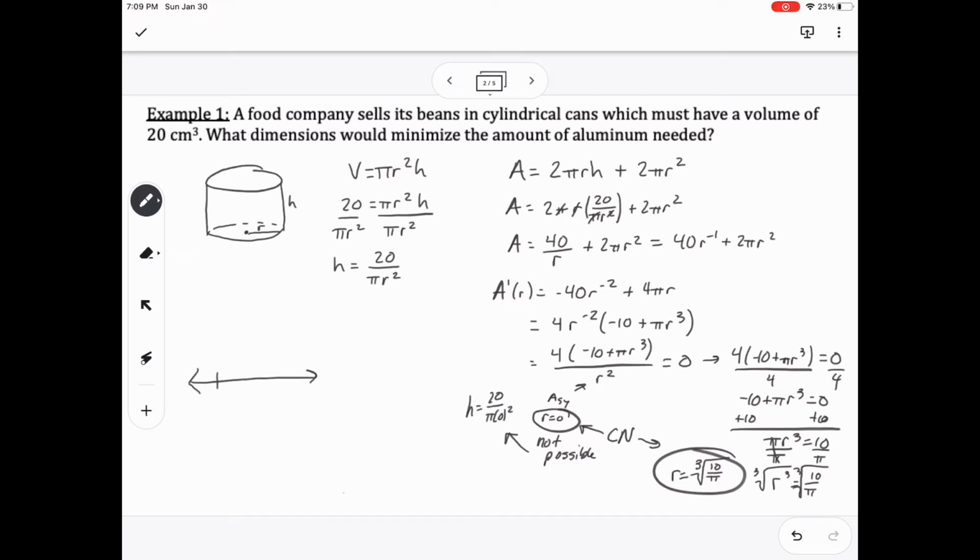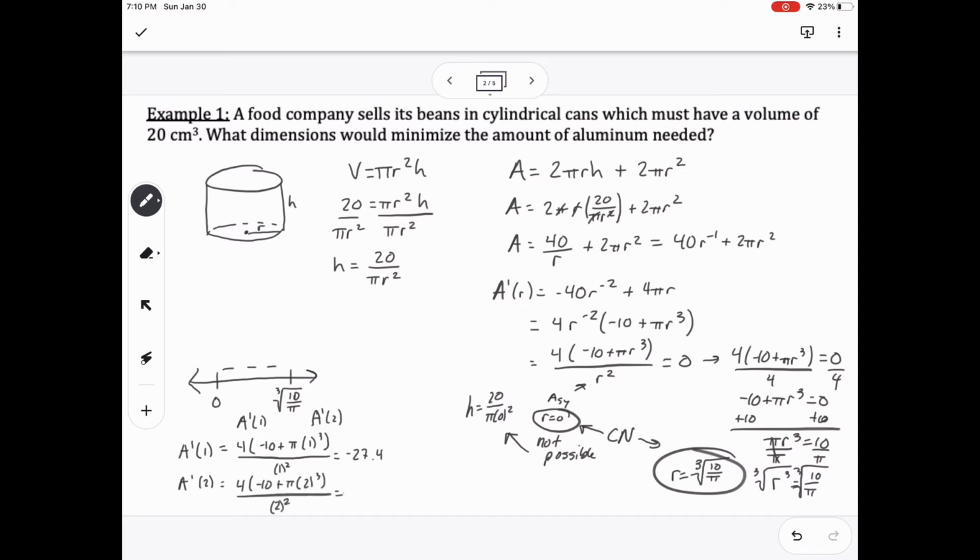And so what I want to do is use my intervals, and so I plug in or look at 0 and the cube root of 10 divided by pi. I pick values on either side, so I can pick the value of 1 and plug it in, and I can also plug in the value of 2. And notice that in between 0 and the cube root of 10 divided by pi, it's negative. So it's decreasing there.